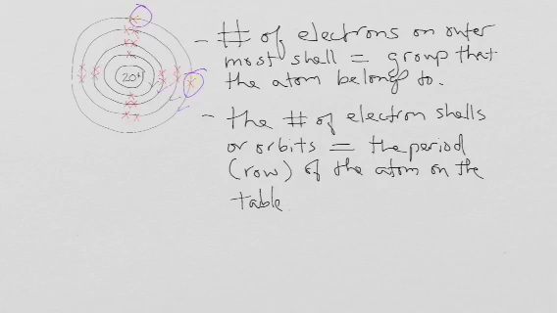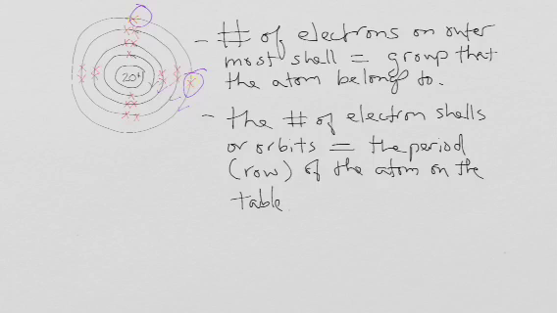If it's got 2 and it needs 8, it is missing 6. So is it easier to give up its 2 or to find 6? It's easier to get rid of 2.